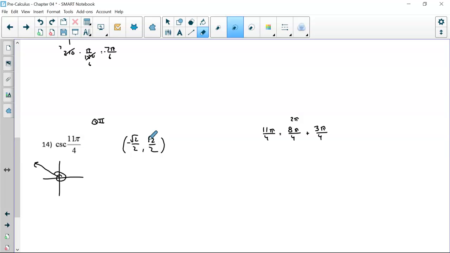Now, knowing that cosecant is the reciprocal of sine, the sine of 11 pi over 4 is going to be root 2 over 2. So the cosecant of 11 pi over 4 is the reciprocal.